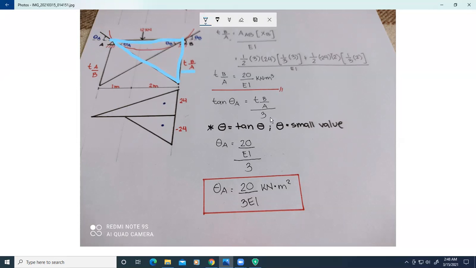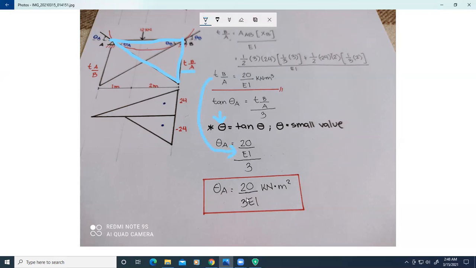But take note, theta is equal to tangent theta if and only if theta is a relatively small value. Substituting the deviation, theta A is equal to 20 over EI divided by 3.